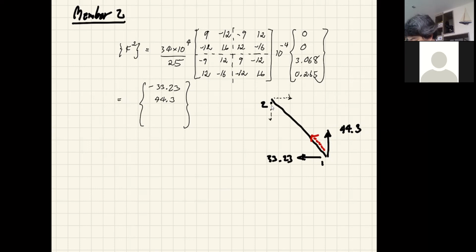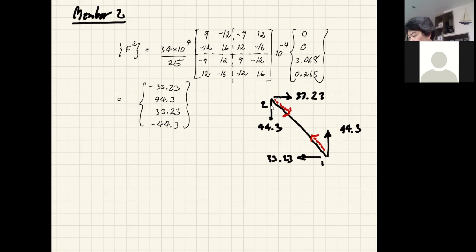So for D3, that's 33.23 and minus 44.3, which confirms what we should have here. Positive x is 33.23 and negative y, so it's coming down 44.3 and gives you the resultant of a compression. So that's your member 2.